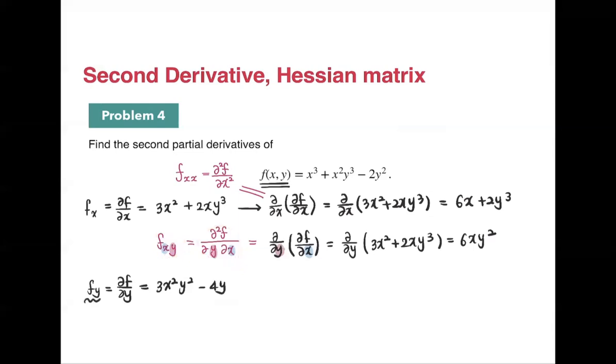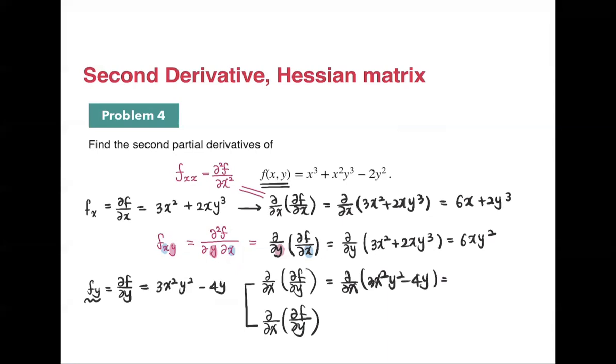Also fy has two differentiations, x and y. So this one was 3x squared y squared minus 4y, so you get 6x here, and this one, oh sorry, here is for the dy.